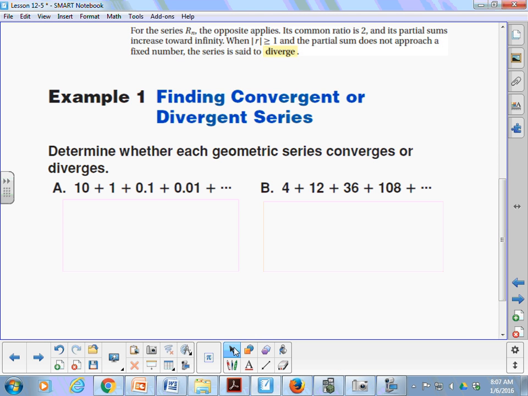So the first thing we want to do is determine what the value of r is. Right? So what am I multiplying by each time? What's my common ratio to be able to get from one term to the next? So letter A, what are we doing there? To get from 10 to 1 to 1/10 to 1/100th, and so on. What are we multiplying by?